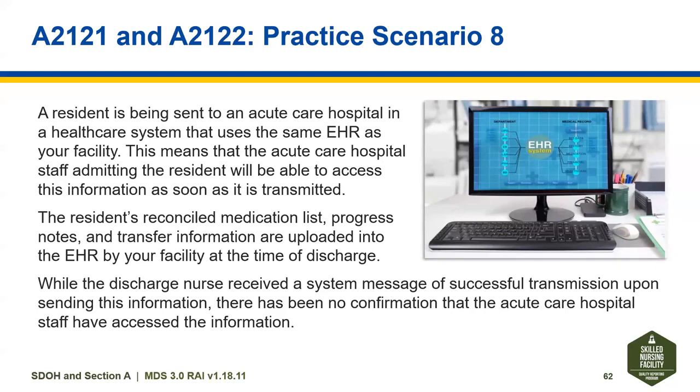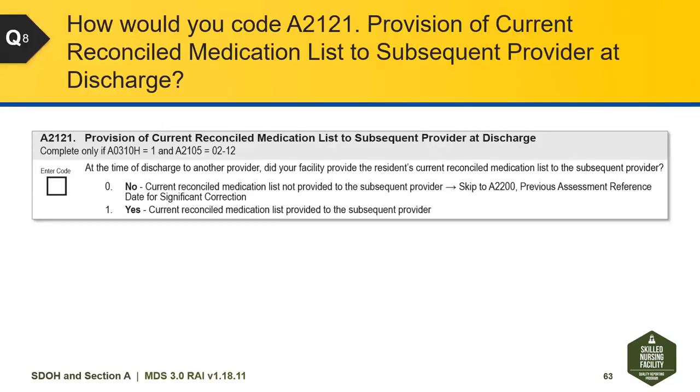The resident's reconciled medication list, their progress notes, and transfer information are uploaded into the EHR by your facility at the time of discharge. While the discharge nurse received a system message of a successful transmission upon sending the information, there's been no confirmation that the acute care hospital staff have accessed this information. So first, how would you code A2121 based on the scenario?